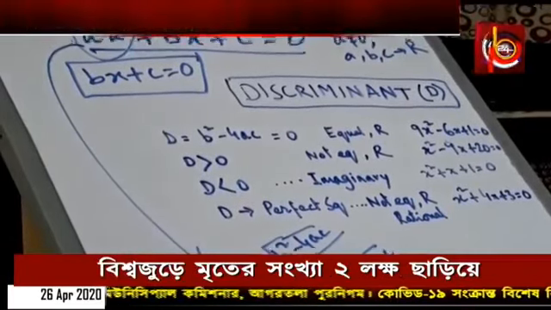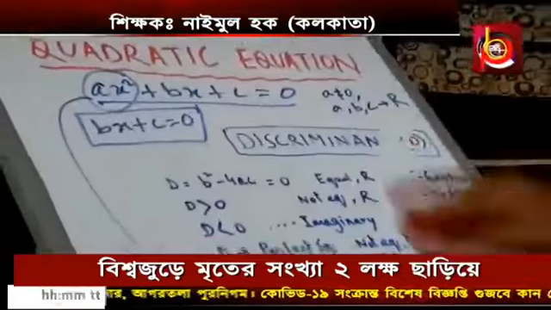Now we will go to the formation of a quadratic equation, the one with the general form we just told you: ax squared plus bx plus c equals 0. How does it form?